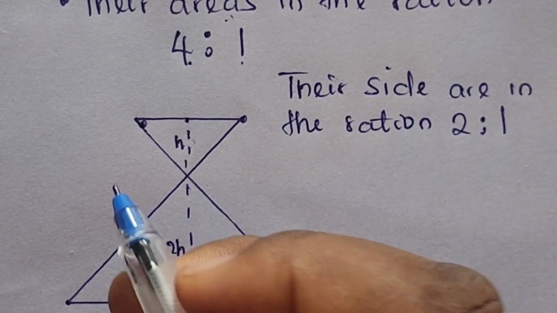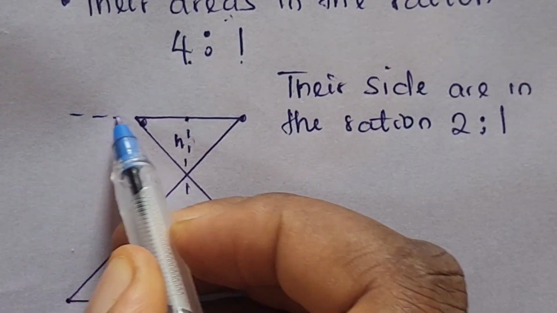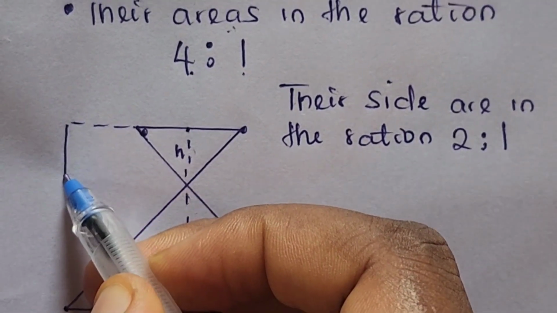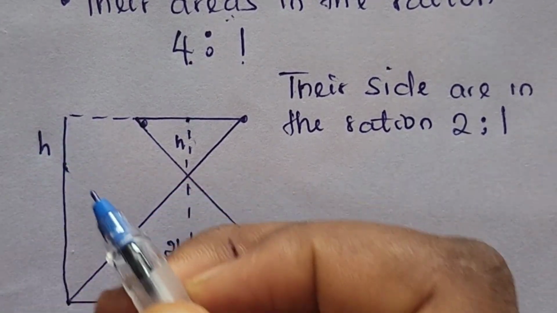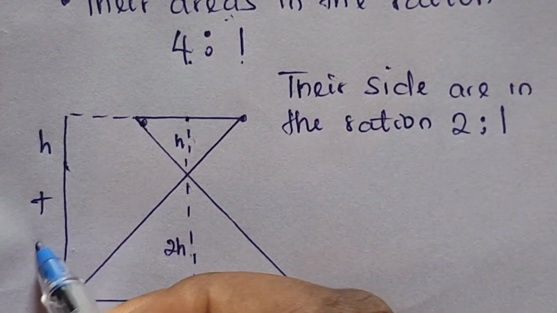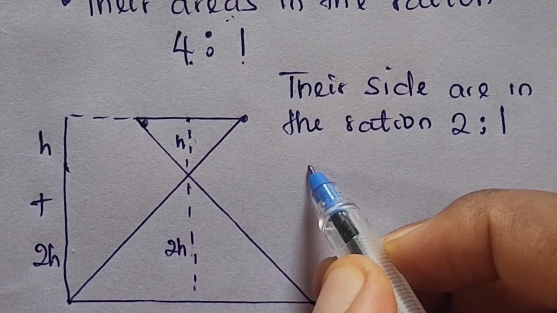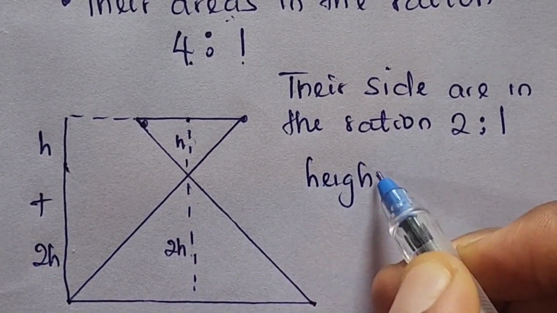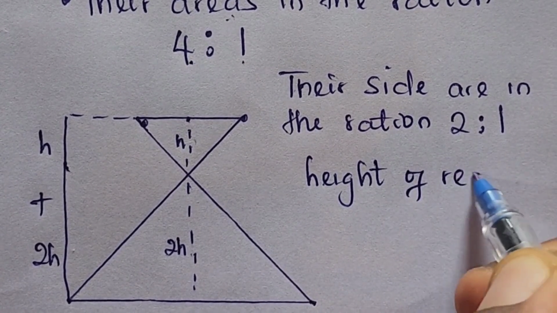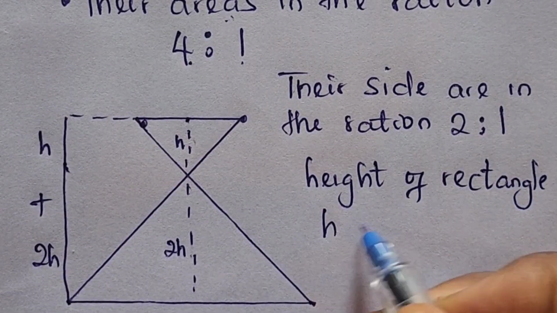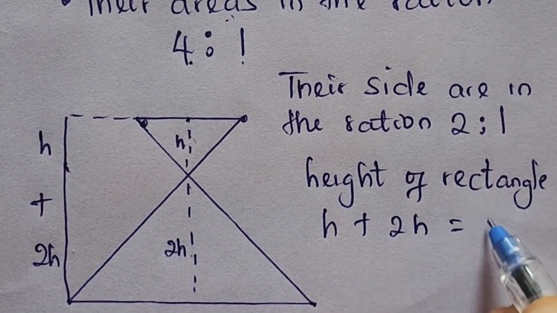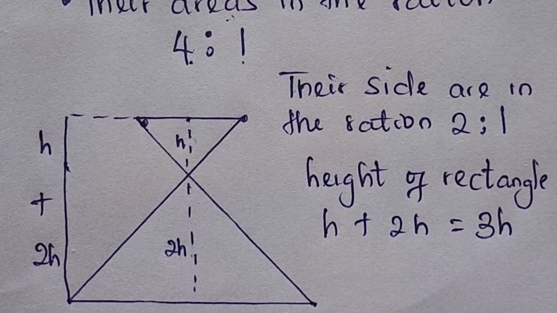So from here, this simply means that the height of the rectangle is h plus 2h, which is equal to 3h.